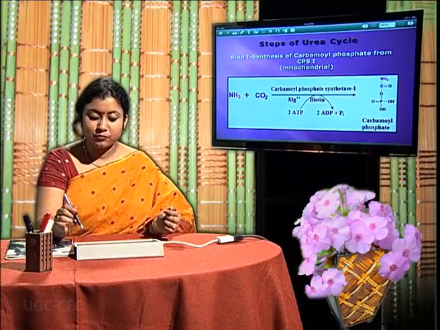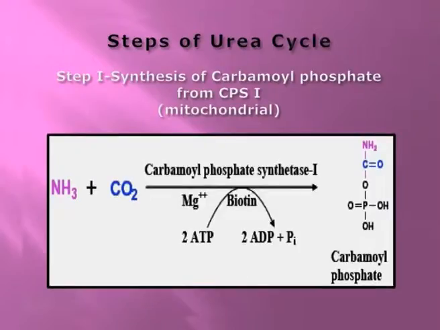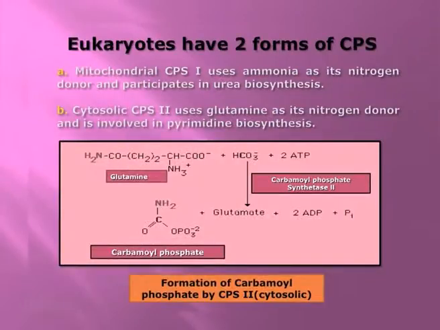Step 1, as we can see in the diagram, results in the formation of carbamoyl phosphate from ammonia and carbon dioxide requiring 2 ATP molecules, and the reaction is catalyzed by carbamoyl phosphate synthetase 1. Eukaryotes use another counterpart of carbamoyl phosphate synthetase, that is CPS2, which is cytosolic and uses glutamine as the nitrogen donor for the synthesis of pyrimidine.